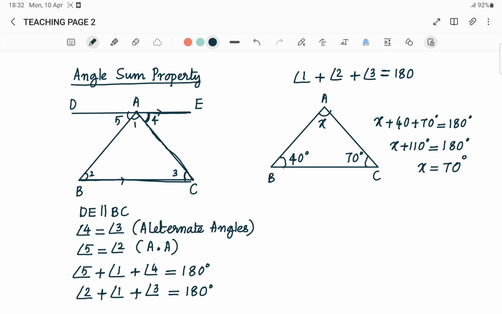Let us see one more application. Suppose three angles are given. Suppose 40 degrees. Question number 2: 50 degrees, 70 degrees and 80 degrees are given. Will they represent the angles of a triangle? For that, what should I do? Find the sum of angles.